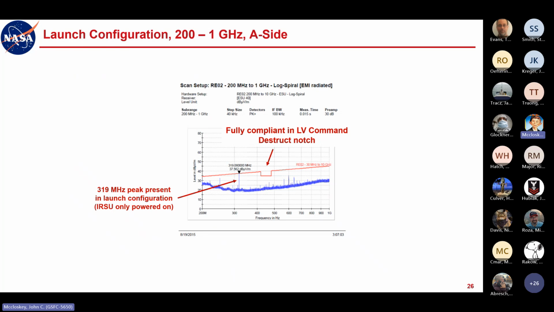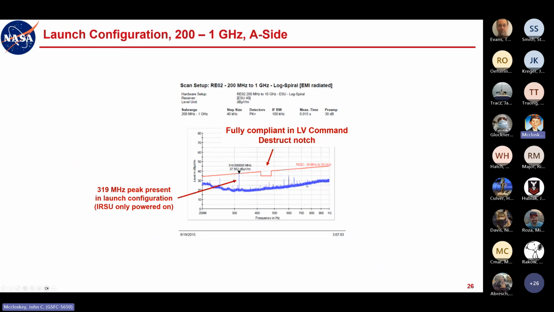Now, when we tested for the command destruct notch, full disclosure, we did actually do wide band scans on ISOM for additional engineering data, but the receiver notches were the most important thing we were looking at. So here we did a full scan from 200 megahertz to 1 gigahertz.